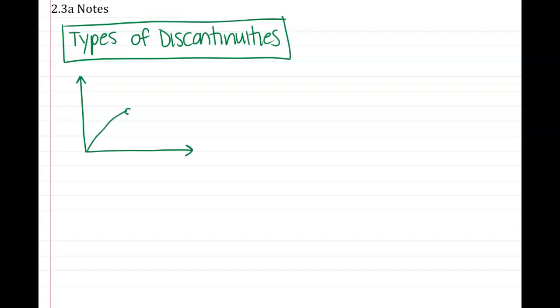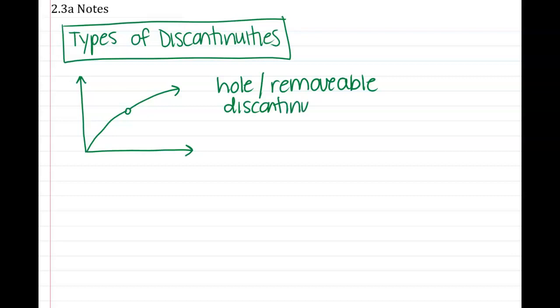Say it goes there. This is a hole / removable discontinuity. This is when you have 0 over 0, or your indeterminate form.